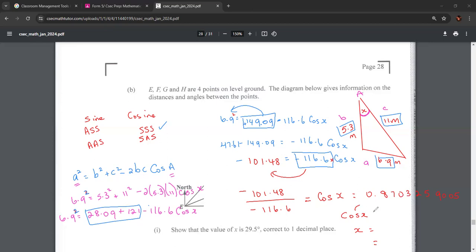So when I carry across the cos inverse, it becomes cos inverse of this.